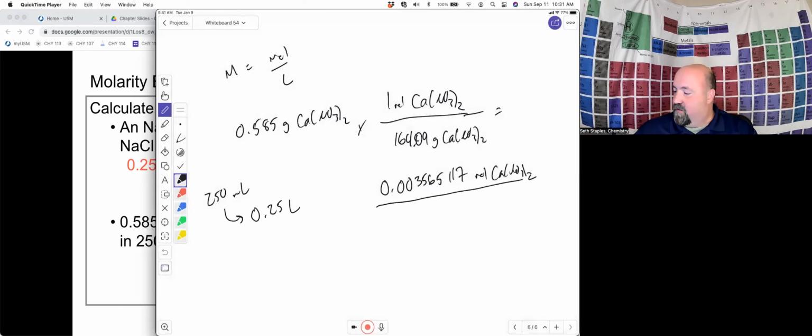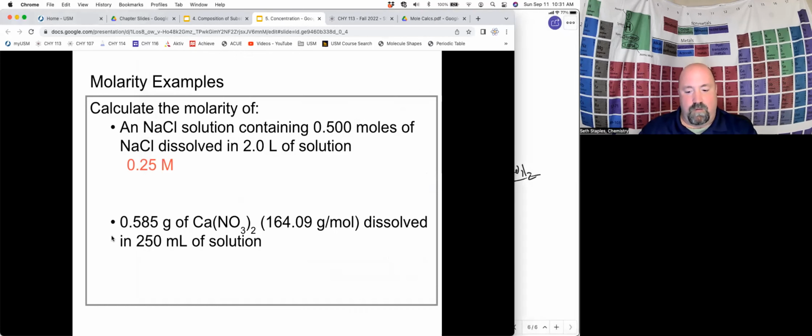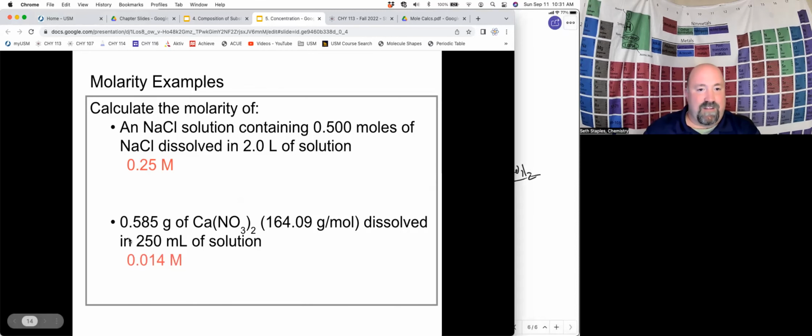We're going to then divide this by 0.25, which gets us to 0.014, rounded to 2 significant figures because we had 2 in our initial measurement.